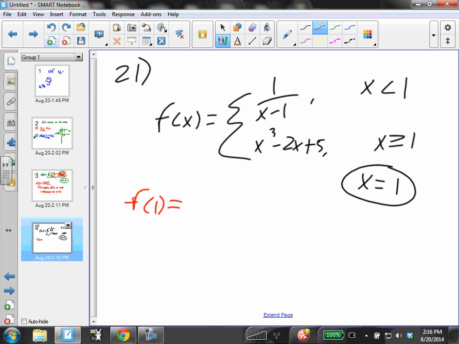That I use if x is greater than or equal to 1. So we're going to plug in. So this will be 1 cubed minus 2 times 1 plus 5. Work it out. What are we going to get? 4. Very good. Okay, so this thing is 4.